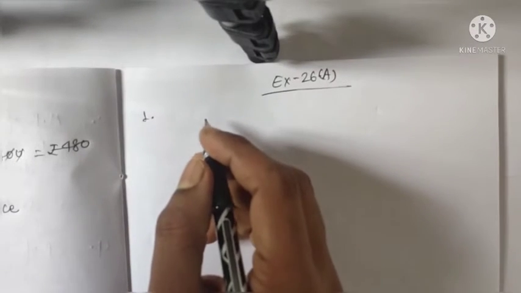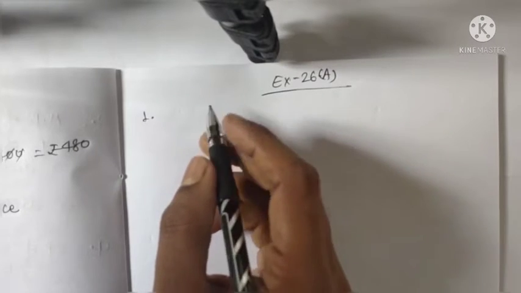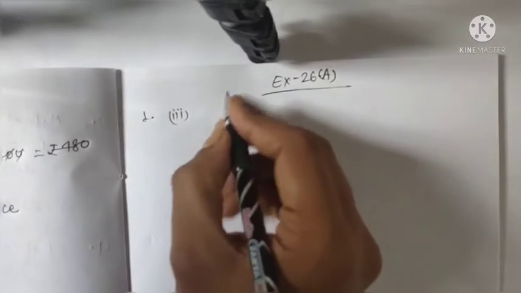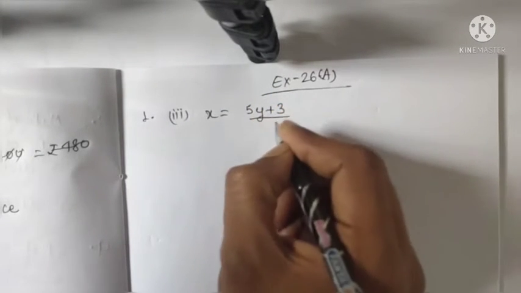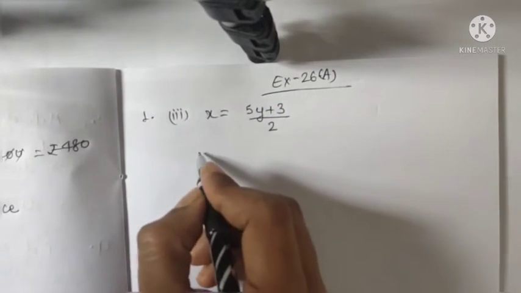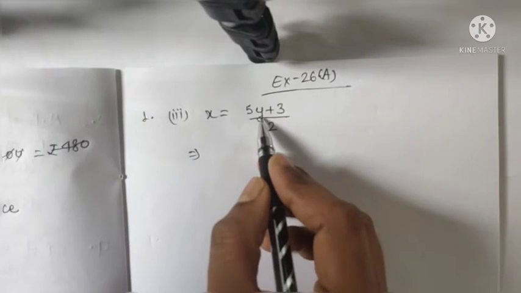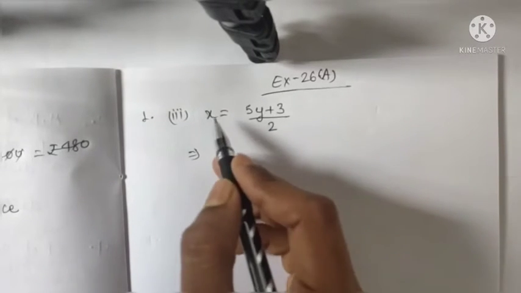Now I am taking here question number 3. X is equal to (5y plus 3) by 2. And as we know that if we change the value of y, then the value of x should change.